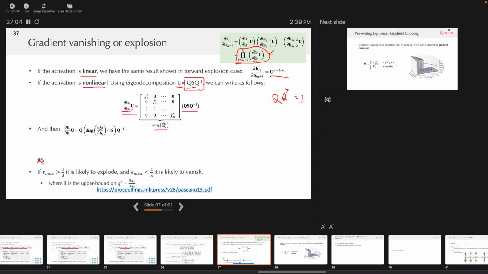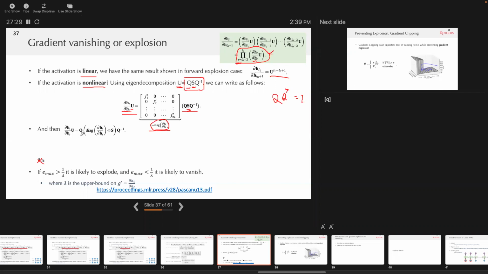And in the second term you decompose U into 3 matrices. So if you look at this, because this first term here is a diagonal matrix, and this S is also a diagonal matrix, you can move this diagonal matrix inside this decomposition.